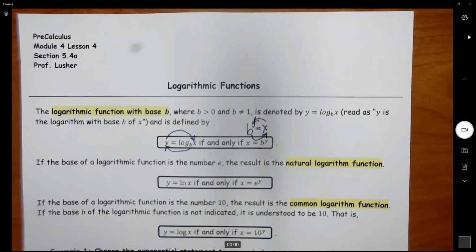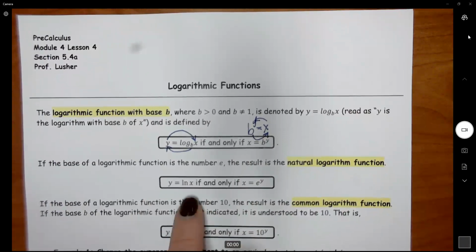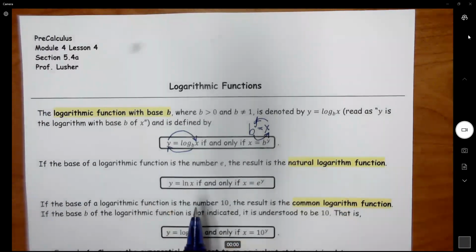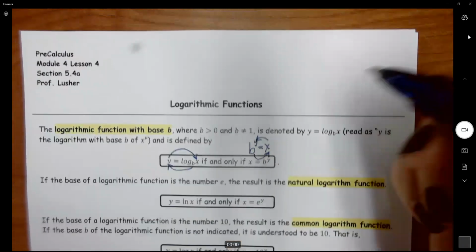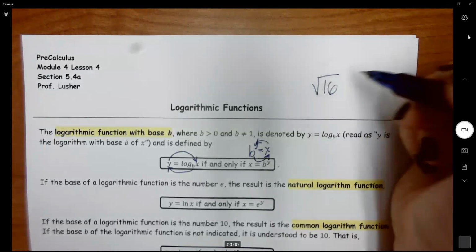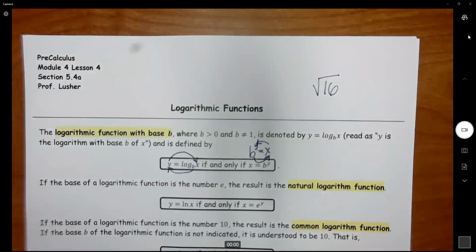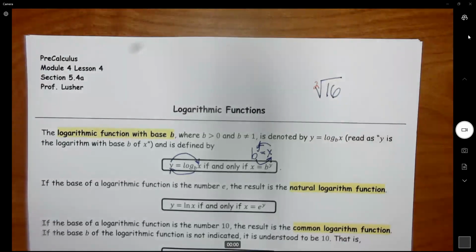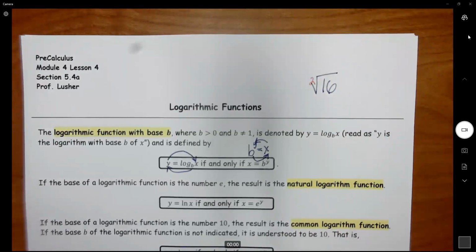Now we have two special kinds of logs. If you have a log function with a base of e, then we call that the natural log, which is denoted by ln. It's like with square roots, right? With square root 16, without seeing anything, you just know that there's a little 2 there.